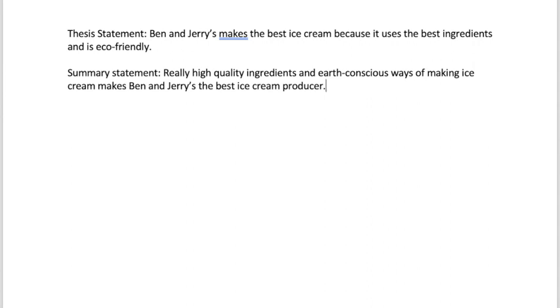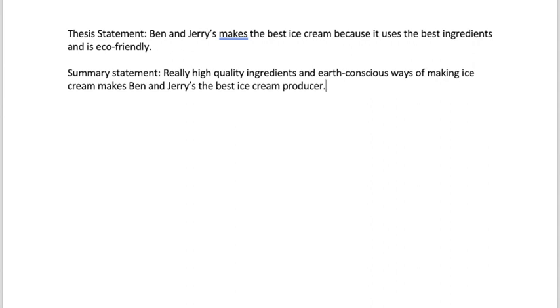Notice how the summary statement uses different words and organizes the information in a new way. The information is still the same, that Ben & Jerry's makes the best ice cream, but the wording is different.